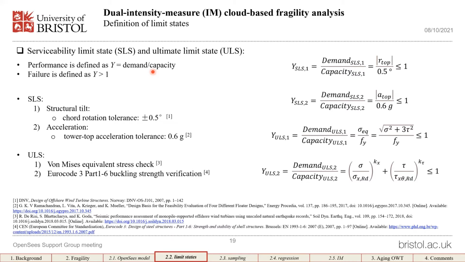For each criterion, failure happens when the value of Y is larger than 1. For the SLS, we have allowed limited structural tilt and limited acceleration at the top of the wind turbine. For the ULS, we checked both the von Mises stress and local buckling according to Eurocode 3.